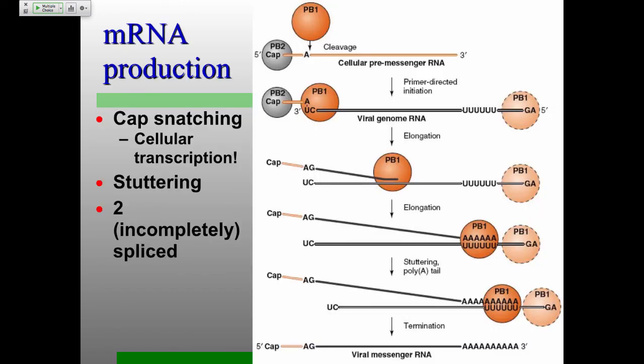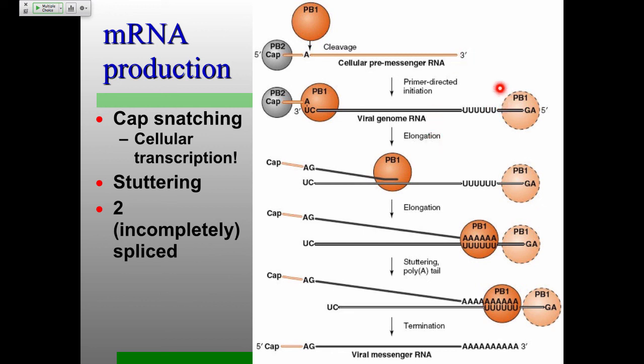For messenger RNA production in these influenza viruses, the cap snatchers, the virus genome segments are all imported into the nucleus through some of the activity of the non-structural proteins. In the nucleus, the polymerase proteins, or the subunits thereof, PB1, PB2, and PA, will bind to caps of cellular RNAs, cut off the caps, and then use that cap as the primer to make the messenger RNA for each of the individual segments of the genome of the virus.